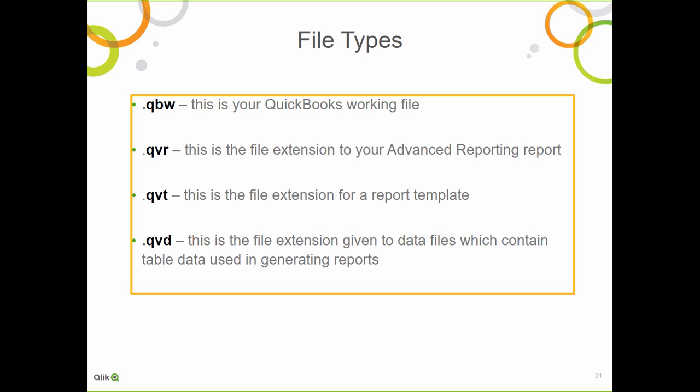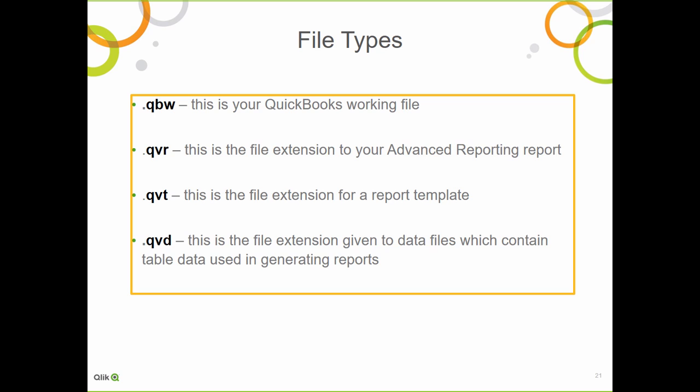And that's where you will find, in that advanced reporting folder, all your different reports. Should you move your company file to a different location and open up advanced reporting, you're just going to see these starter reports because your files are located in a different location. But you can move them easily enough, or move your file back to the folder where it once was.